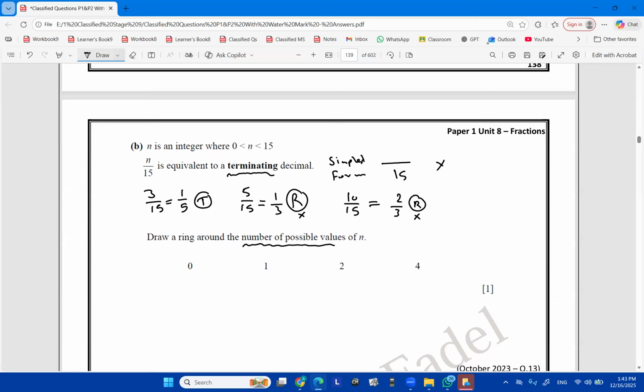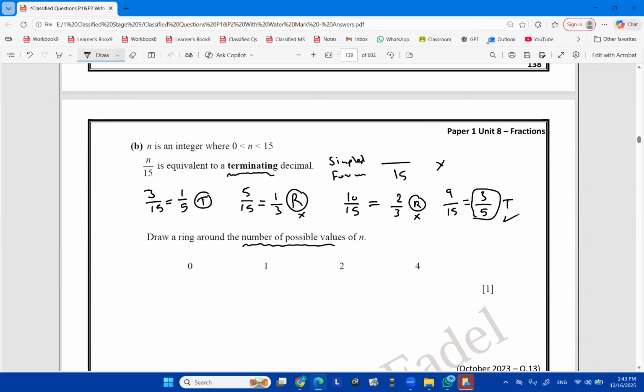Is there anything else that will help us simplify the 15? Yes, Mister, there's something that you forgot before the 10. It is 9 over 15. Right? Yes, I can simplify it. Divided by 3, 9 divided by 3 is 3, 15 divided by 3 becomes 5. Oh, Mister, this is terminating.